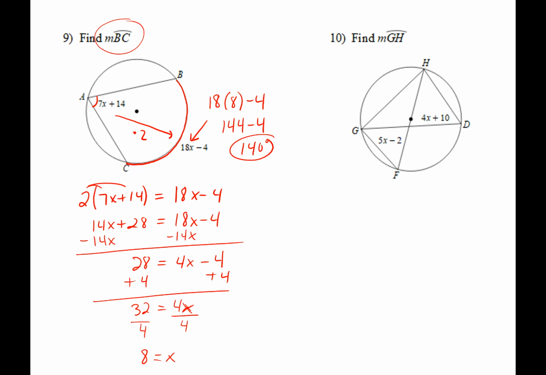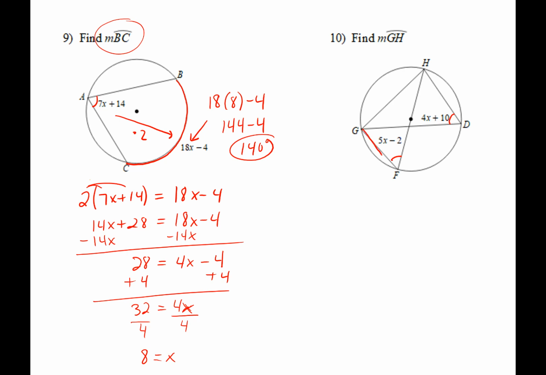This one, I actually don't know that I understand exactly what's being labeled here. It's a little confusing to me. I think the 4x plus 10 is maybe this angle. And the 5x minus 2, I believe, is this angle.